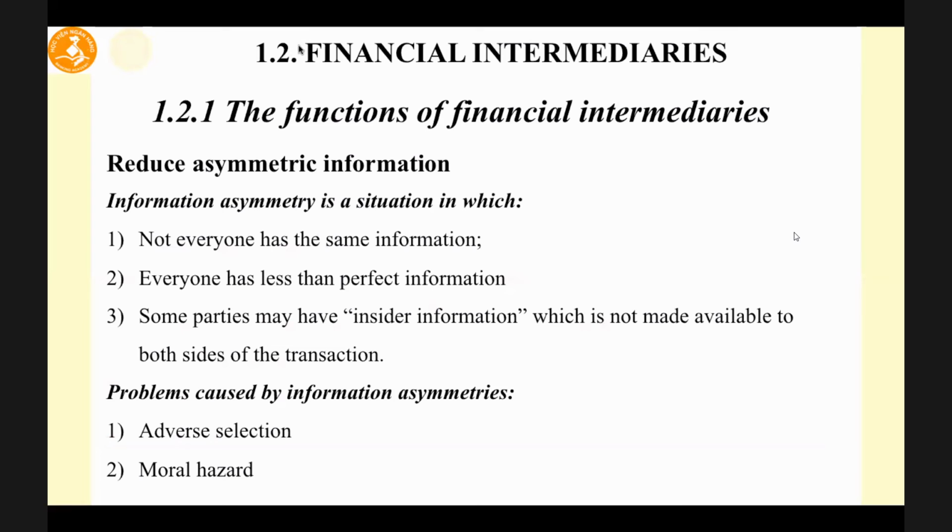If you are a lender and your borrower tells you that she needs money to buy a car, but after that she used the money borrowed from you to buy a house or to invest in some risky project, this can be an example of moral hazard.